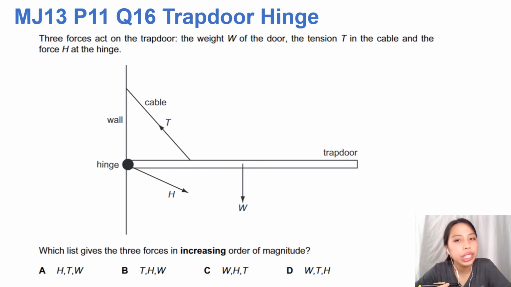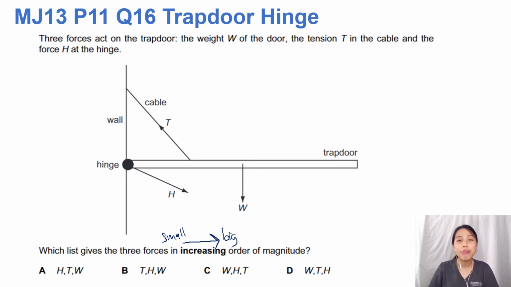So the question is, which list shows the forces in increasing order of magnitude? Increasing means increasing from left to right. Left is small, right is big. Okay, there's a cheating way, but I'll pause the cheating way and show you the other way first. So let's see.